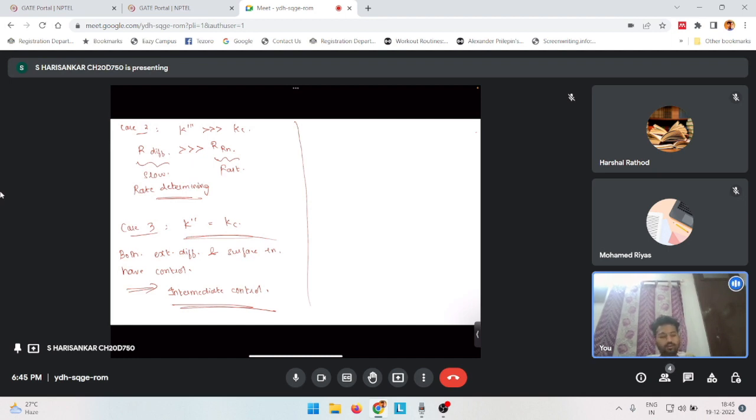So the remaining concepts are only scenario 3, which is basically where internal diffusion can also be rate limiting, and inside this you have a value called Thiele modulus and effectiveness factor.